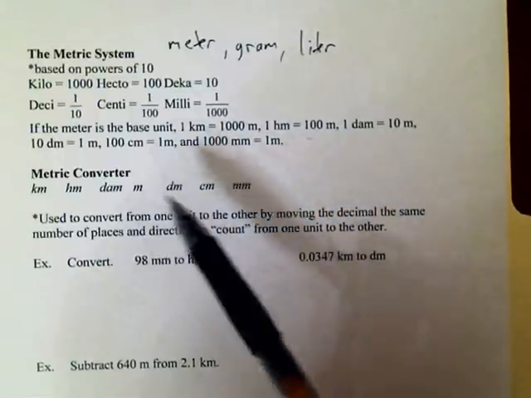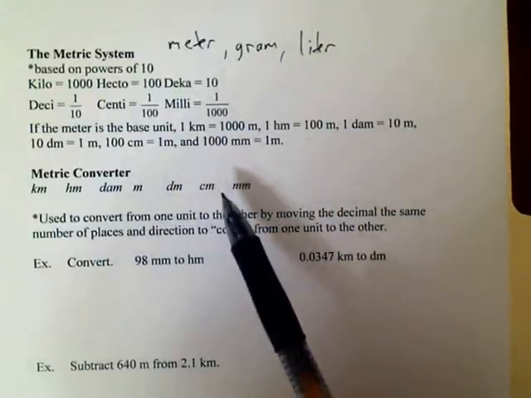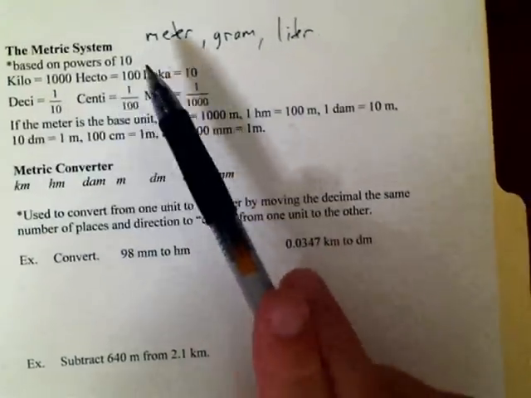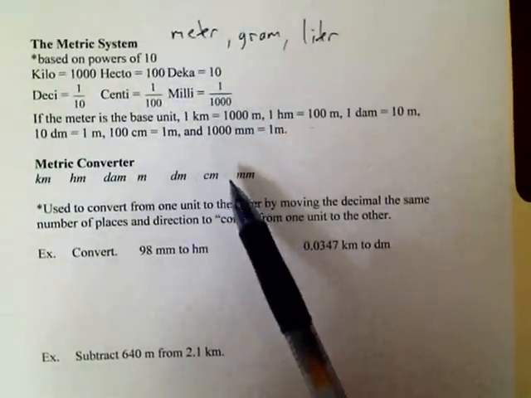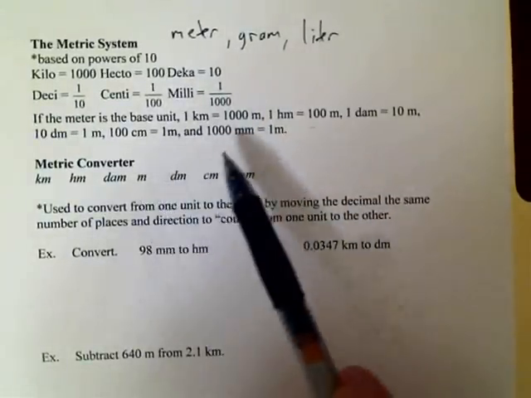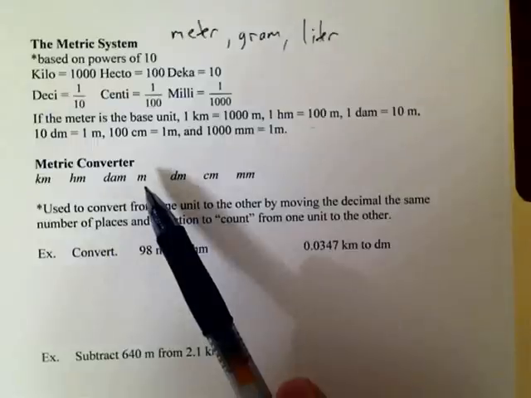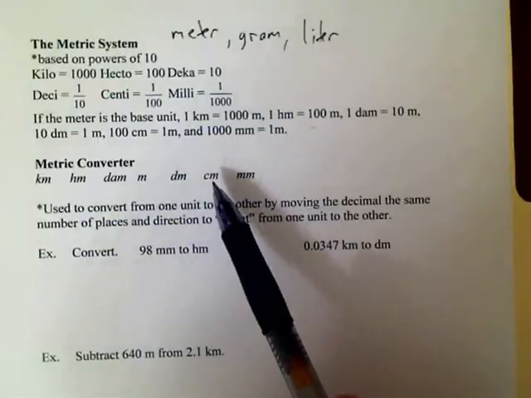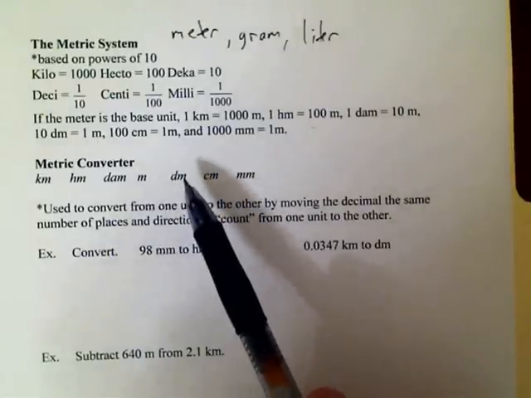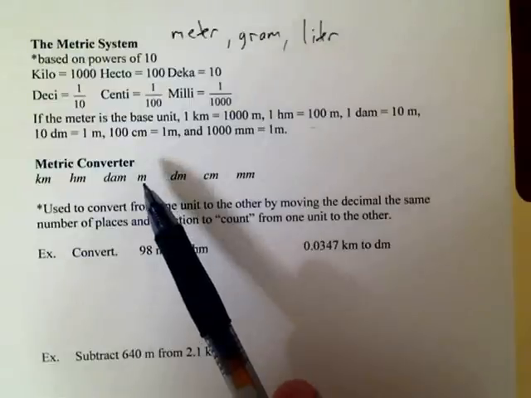Now the way this works, if you think about powers of 10, when you look at millimeters to meters, it says here that 1,000 millimeters equals 1 meter, 100 centimeters equals 1 meter, and 10 decimeters equals 1 meter.